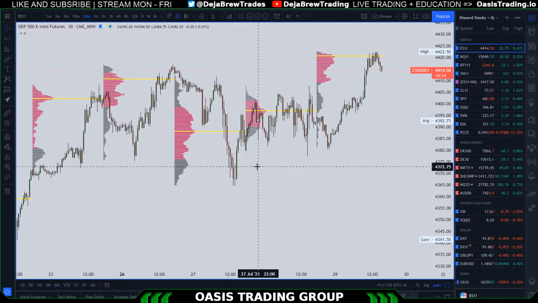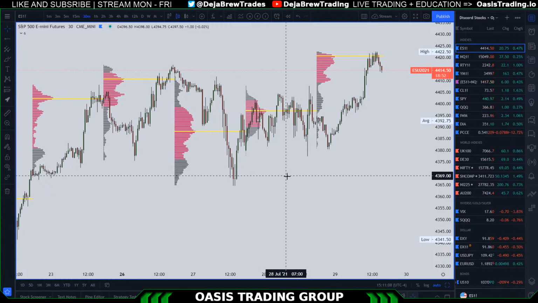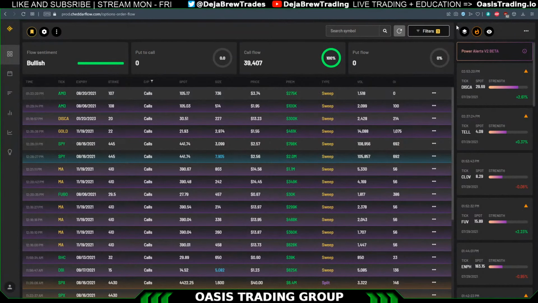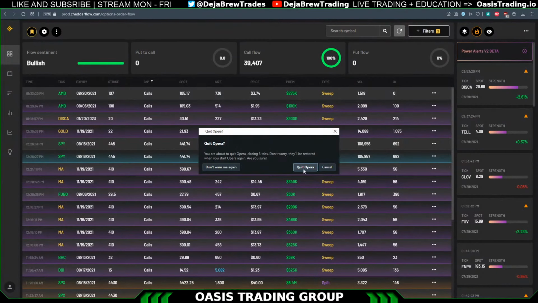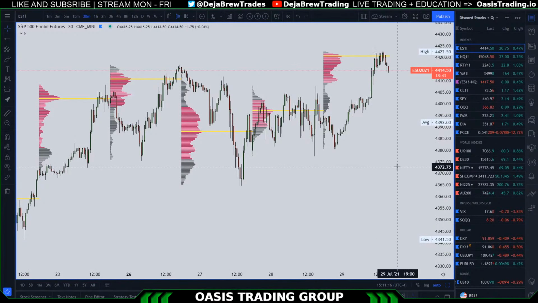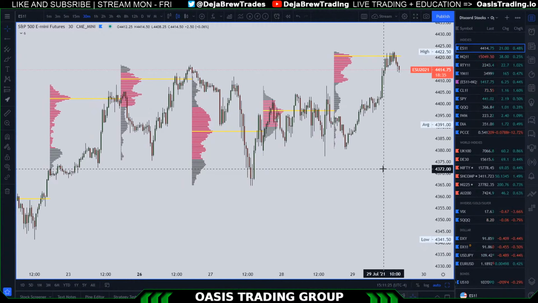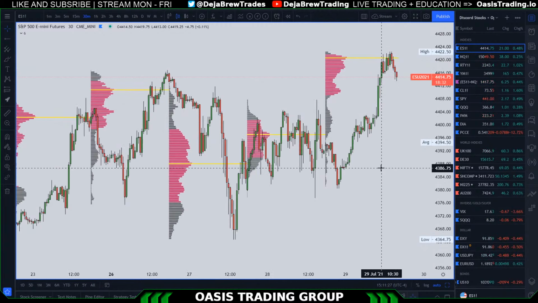So if you use a 5-minute time frame, you're going to have a lot of candles. So typically, sorry, let me get rid of this. Typically, if you break it down to a 30-minute, the profile is going to be a lot cleaner. It has a much better profile. It's a lot easier to read. The levels are a lot more accurate as well.